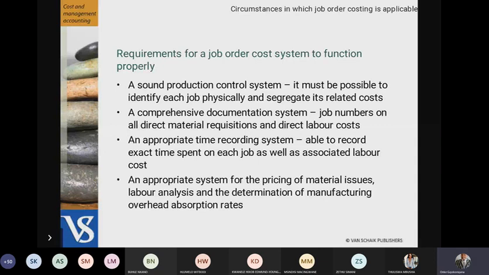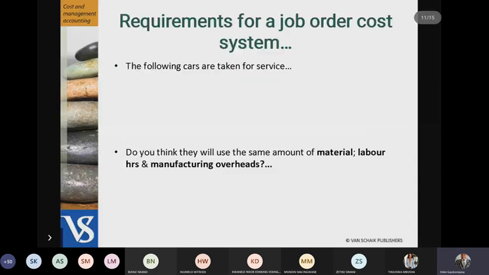And then these are also the overheads. So from there, they can determine the price that one is going to pay for the particular service.